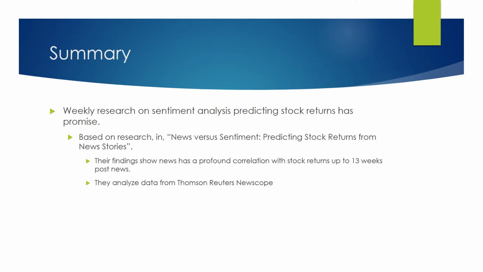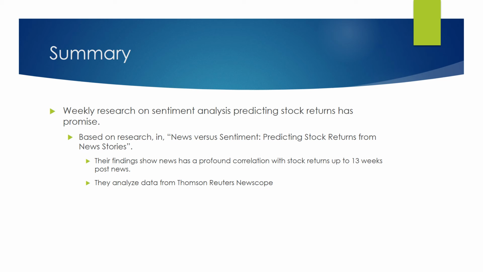The research this presentation and preliminary research was based on was News versus Sentiment, Predicting Stock Returns from News Stories. The research authors found that news has a profound correlation with stock returns up to 13 weeks post-news. That's a little bit different.